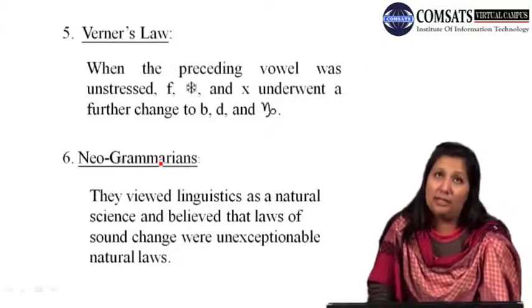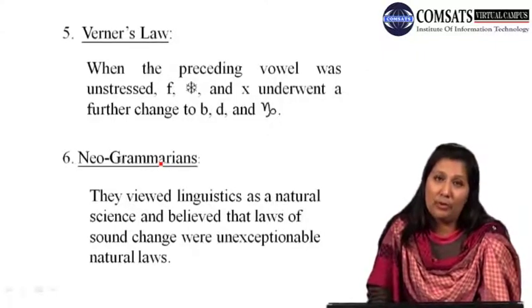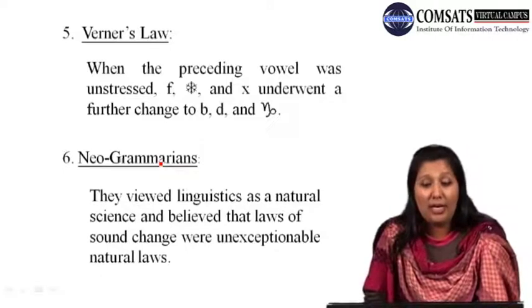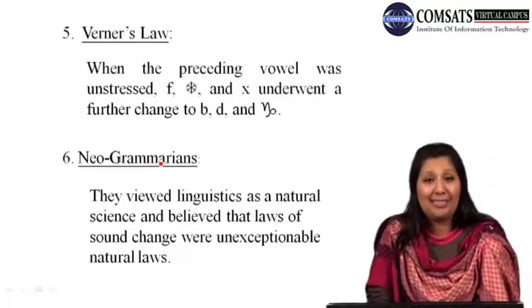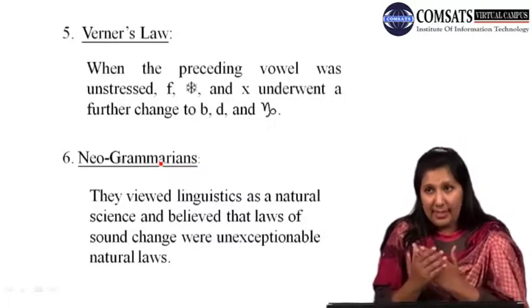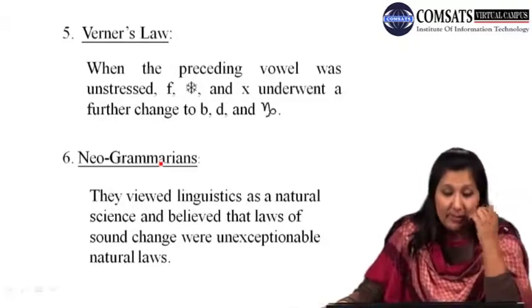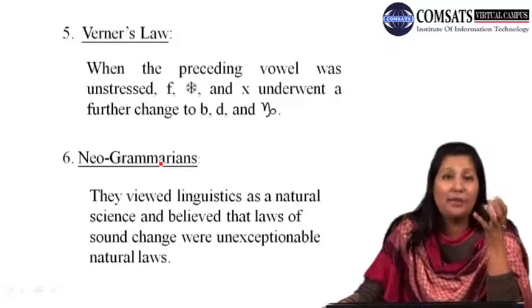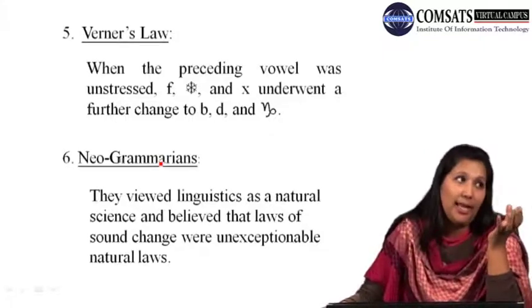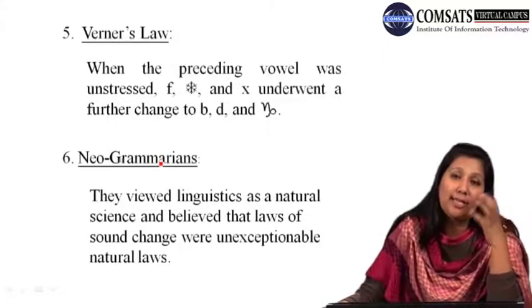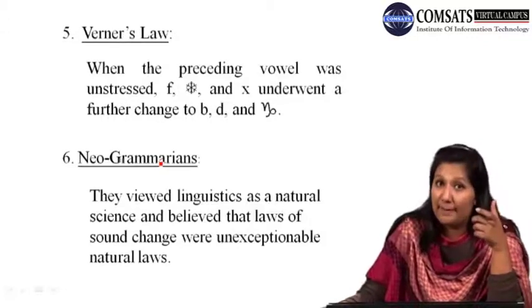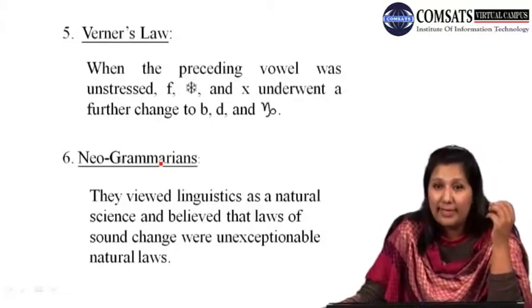See what the theory given by the Neogrammarians was. They viewed linguistics as a natural science. They said that language is a natural science. Why? Because language is something quite natural, that comes quite naturally.